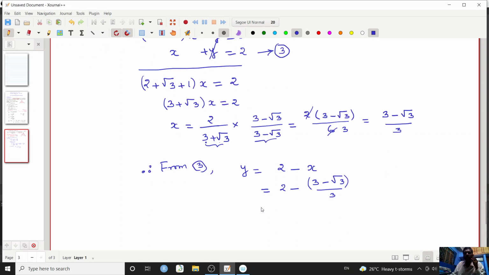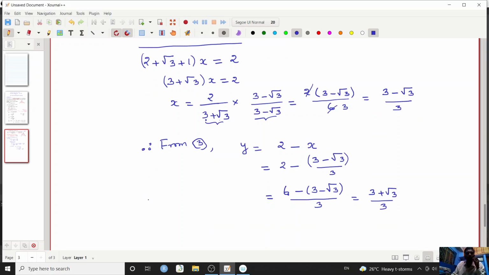If you take the LCM, this is going to be (6 - 3 + root 3) over 3. So 6 minus 3 is 3, giving (3 + root 3) over 3.